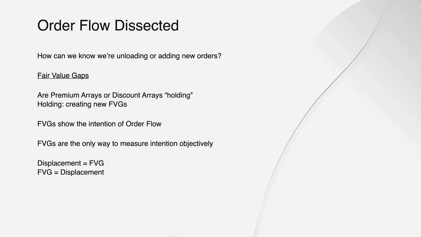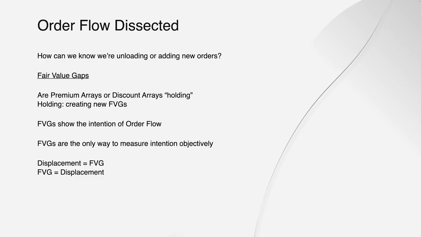Displacement equals fair value gaps, fair value gaps equals displacement. Displacement is basically an aggressive price movement, which in itself is also a fair value gap. Those fair value gaps are essentially the footprints, the signs that the market must leave behind. It can't move fast without leaving behind fair value gaps.